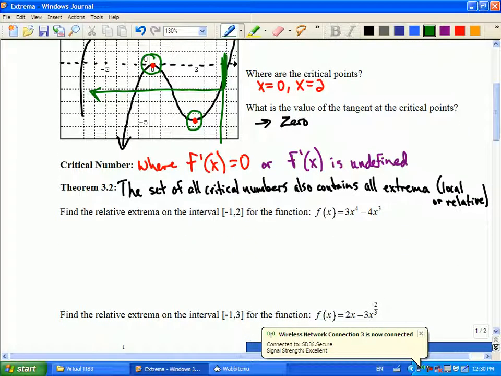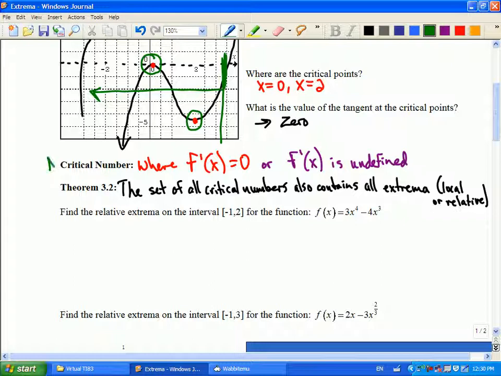Okay, so find the relative extrema for this graph on that interval from -1 to 2. So let me walk you through the process. This is our first most important thing we're doing. We're looking for critical numbers, and critical numbers are where the derivative is 0 or undefined. So let's go to it then. If we find a derivative, we'll have 12x cubed minus 12x squared. So I'll take out what I can with some factoring.